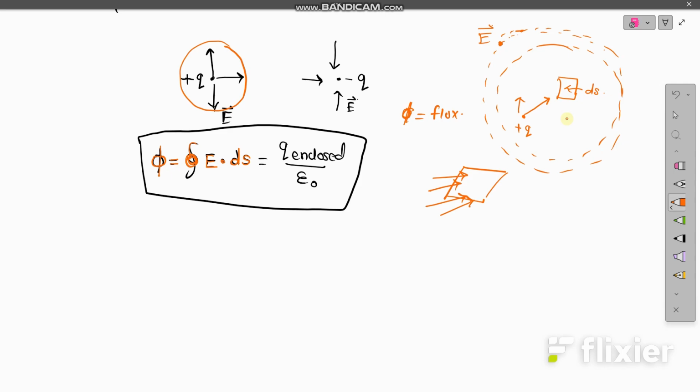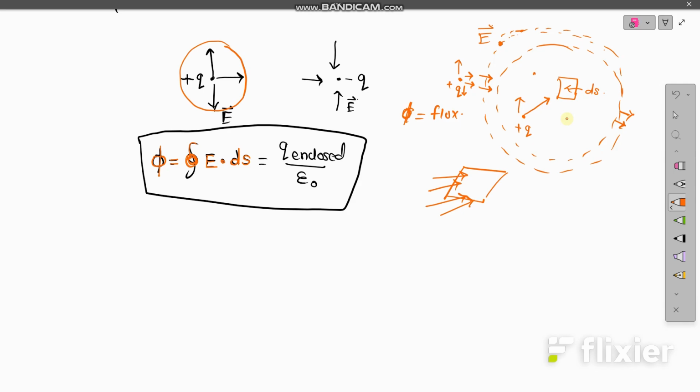Why? Because suppose we take a positive point charge over here. The electric field is going to radiate outward somewhat like this. Suppose two electric field lines are entering the surface. If 2 are entering, then obviously 2 will be leaving the surface and nothing is left inside it.